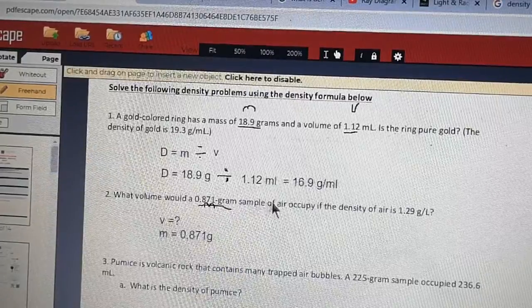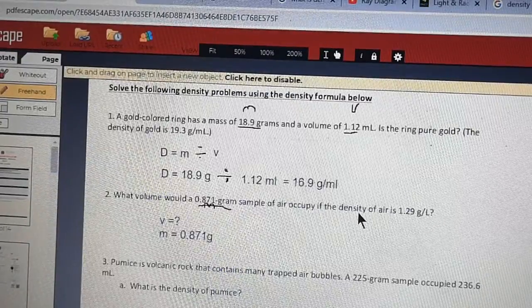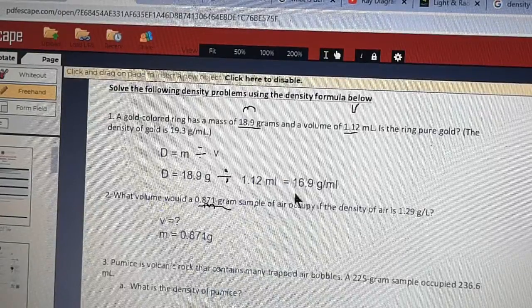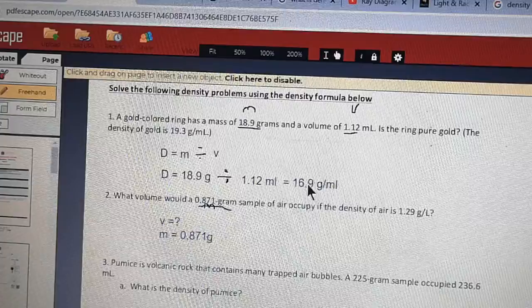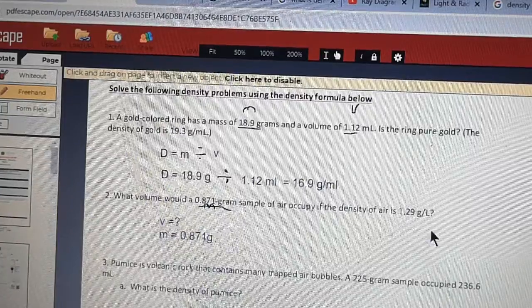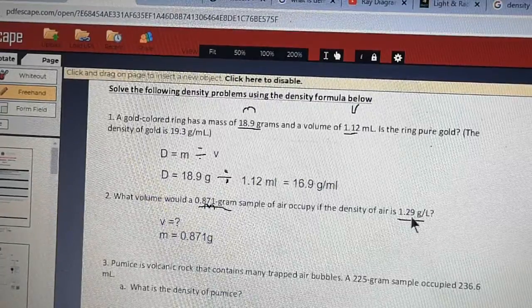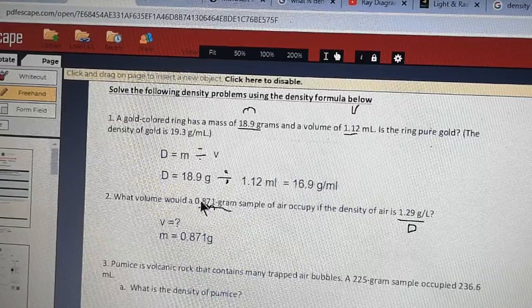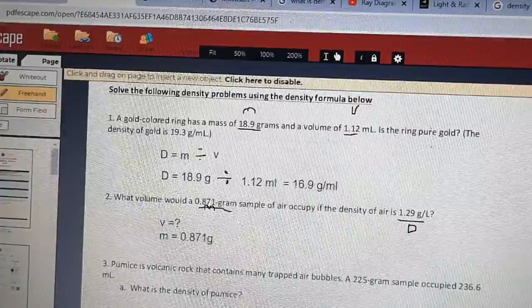Just write M for that one. And density of air is 1.29. See how low that is? This one was nearly 817. This one's only 1. That's my density D. I've got my number for the letter D and my number for the letter M.